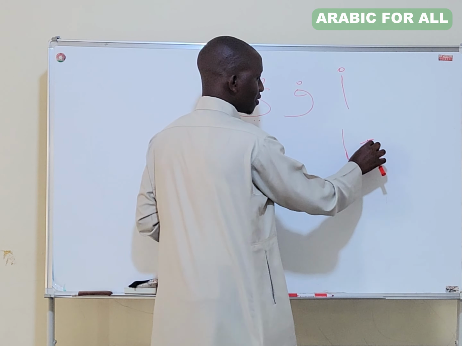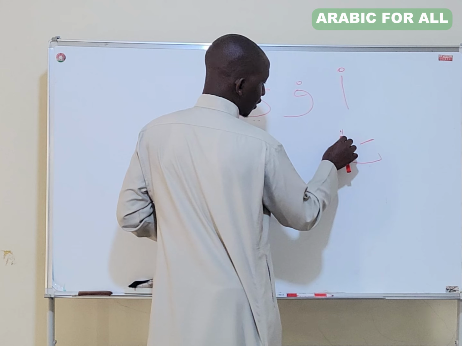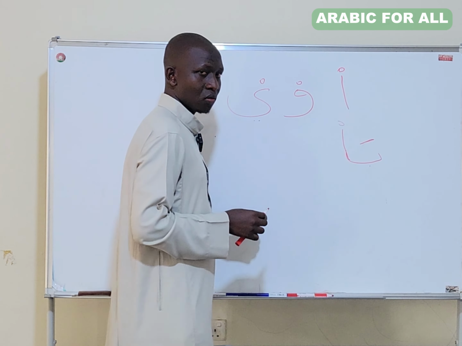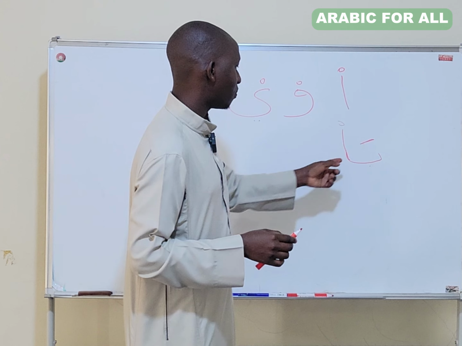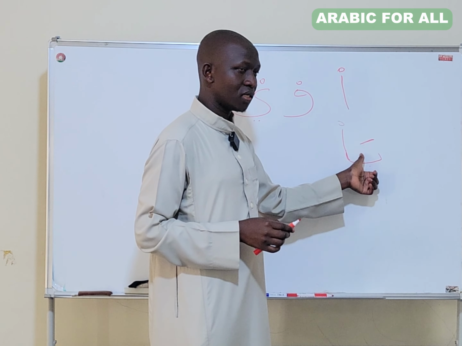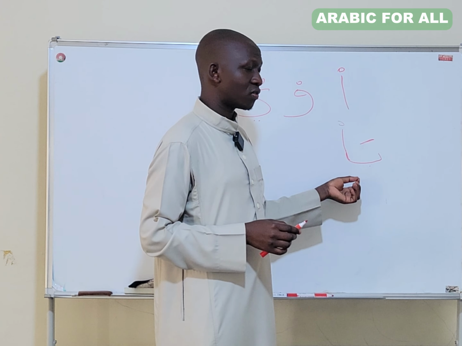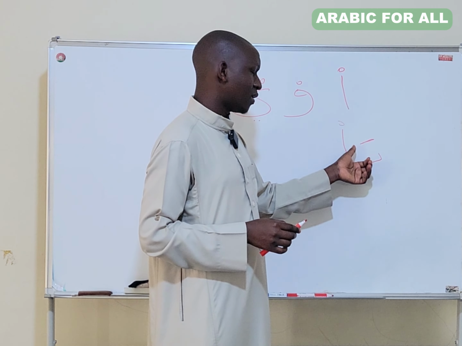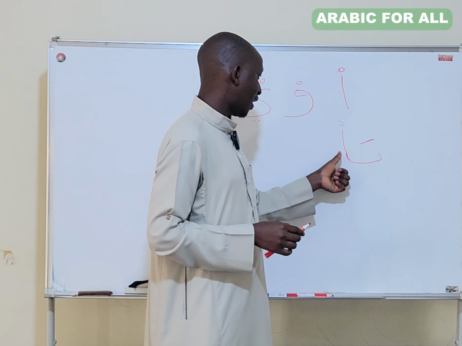If ba has fatha and then there is alif, it is an effect on ba, because now here ba has to be prolonged. You say ba, it ceases to be ba, it becomes baa.